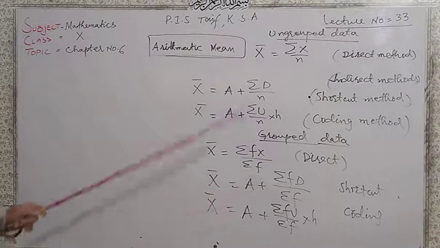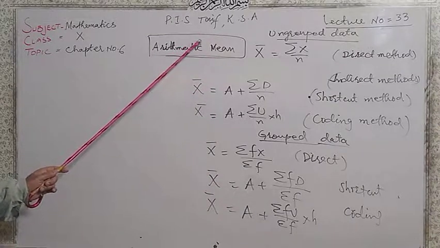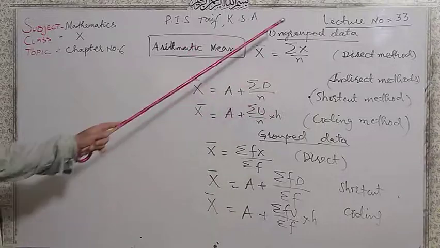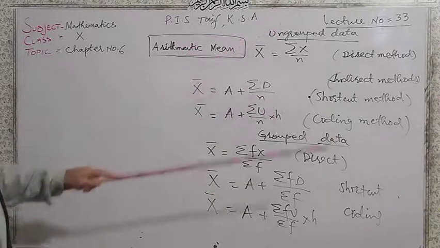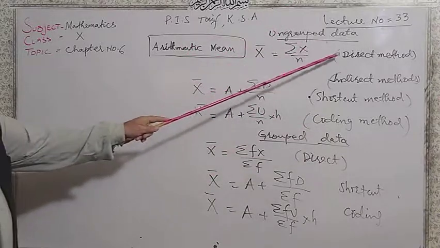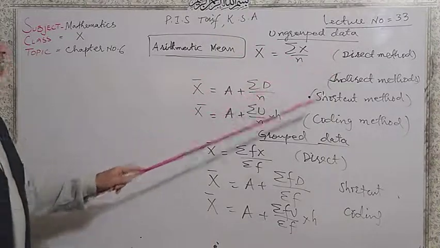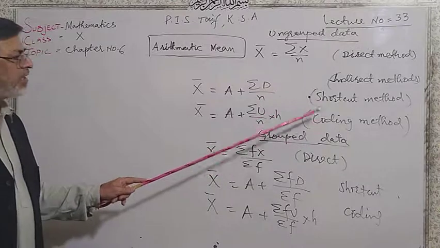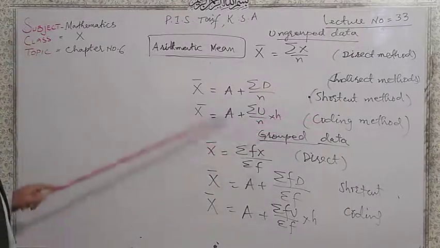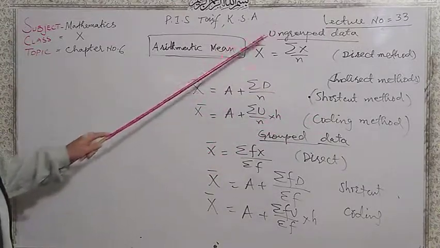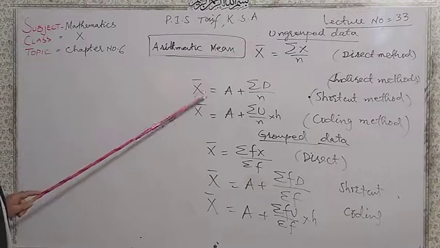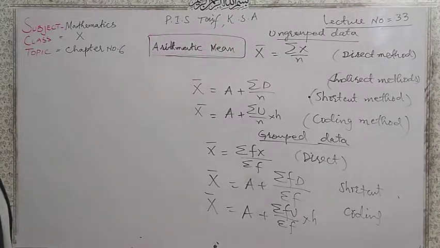So dear students, you can check in case of arithmetic mean, if ungrouped data is given, then you can apply direct method by this formula. There are two indirect methods. One is shortcut formula, another is coding formula. That is for ungrouped data. So these are the three formulas to find arithmetic mean.